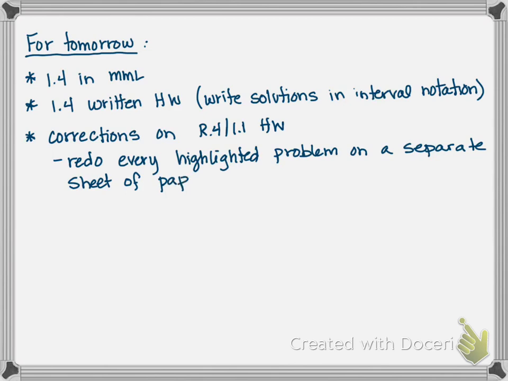Unless, if you didn't use the back on your homework, you can do it on the back. I just want it to be separate from the original one so you're not tempted to erase a number and just change it. And then staple it to your original assignment.